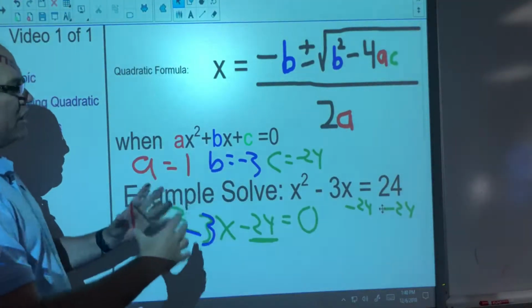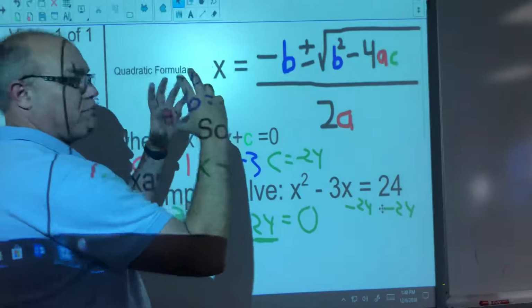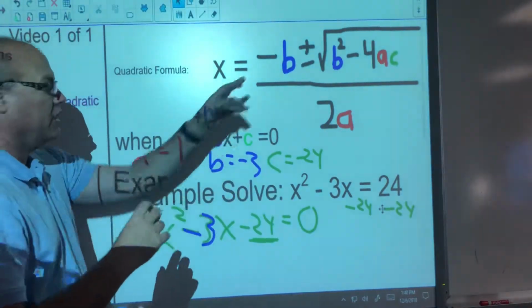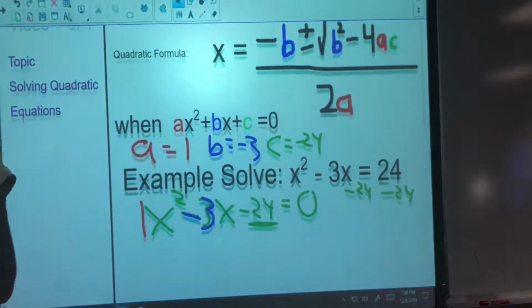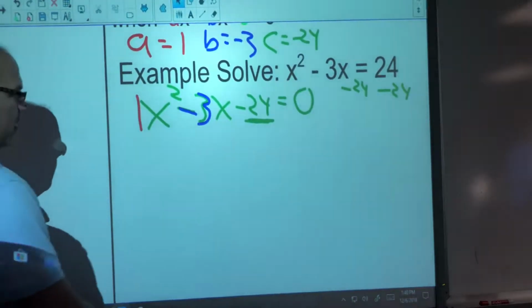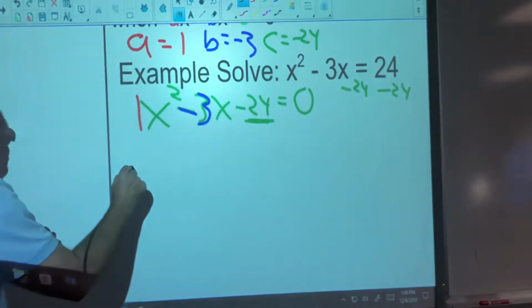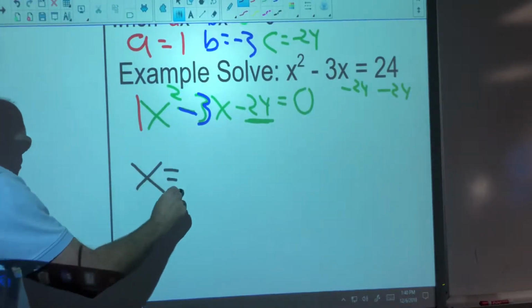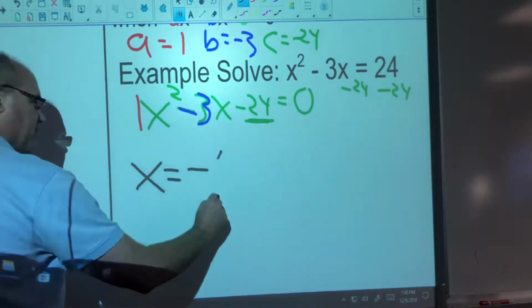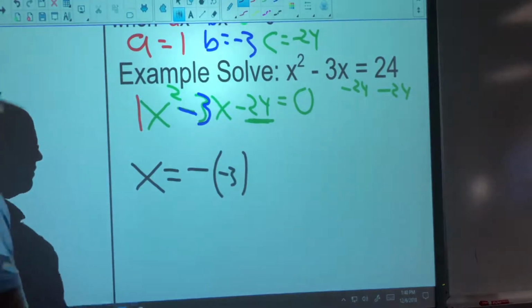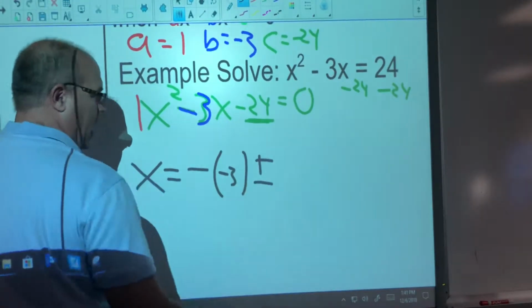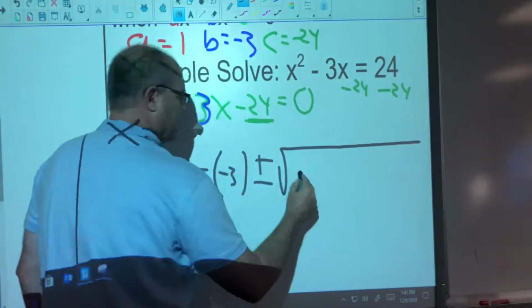And when we substitute it in, we write this down. I want to make sure you put in parentheses around the value you're plugging in for your variables. Okay? So let's do it. This is very critical that you do it this way. Okay, so we're going to go x equals opposite, parentheses, b, negative 3, plus minus square root.